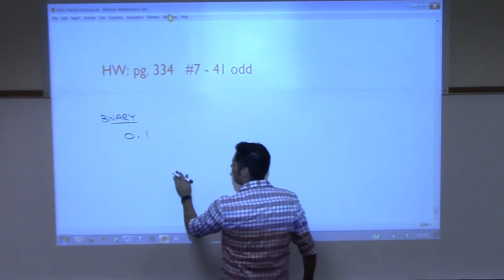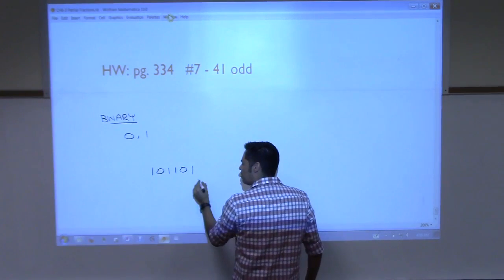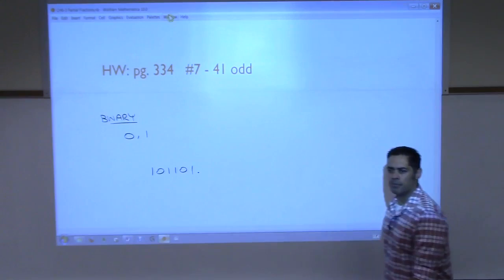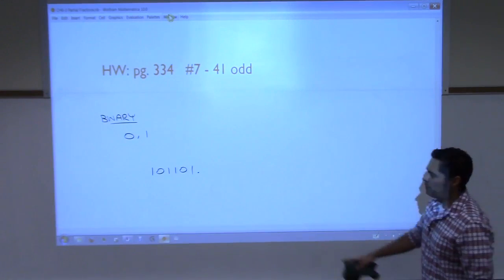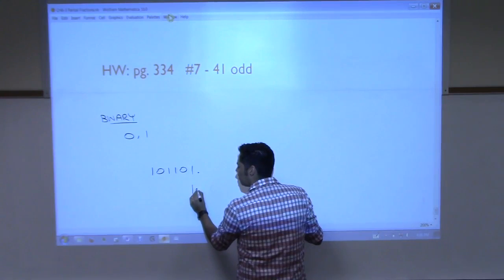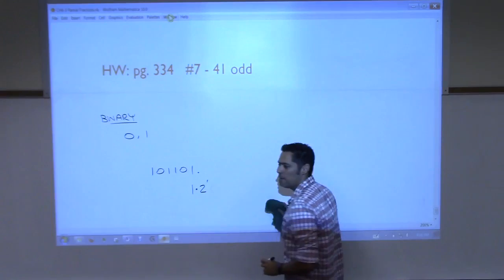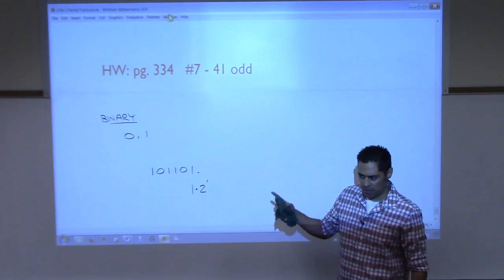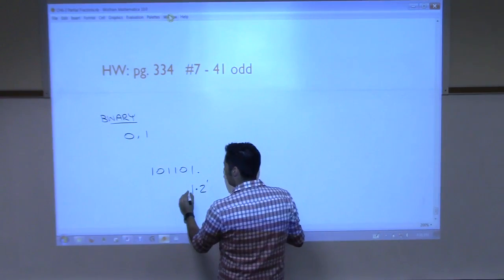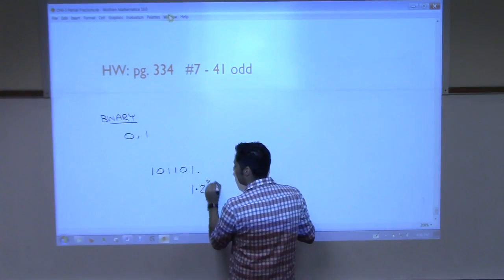So in binary, if I write 1, 0, 1, 1, 0, 1, we can assume there's a decimal point there, right? So what does this first 1 mean? I have 1 times 2 to the 0 instead of 10 to the 0. This is the ones place.